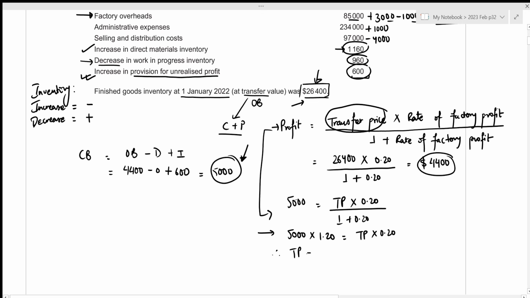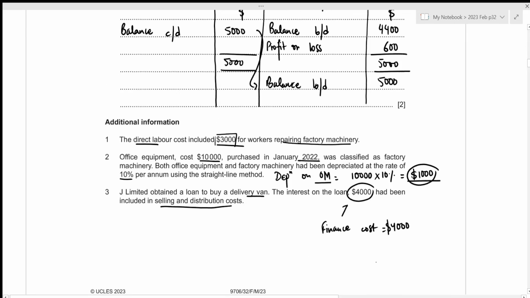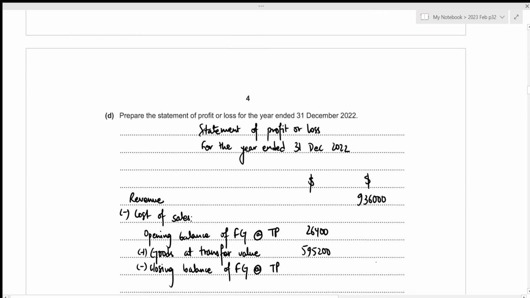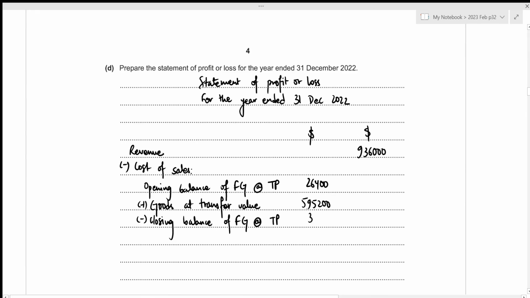So the transfer price is just going to be 5,000 times 1.20 divided by 0.20, which results in 30,000. So this is our closing balance of the finished goods inventory at transfer price. Let's include this in our statement of profit or loss. That's 30,000, which should be subtracted.